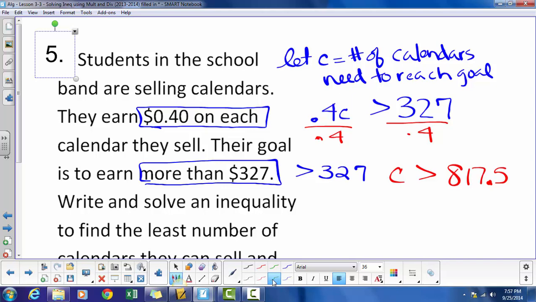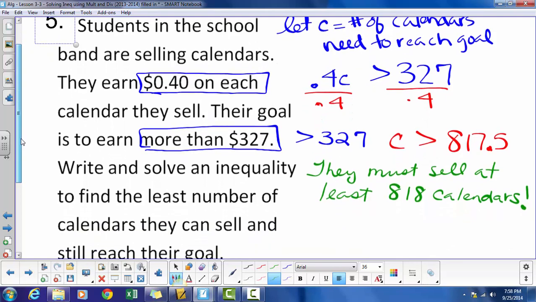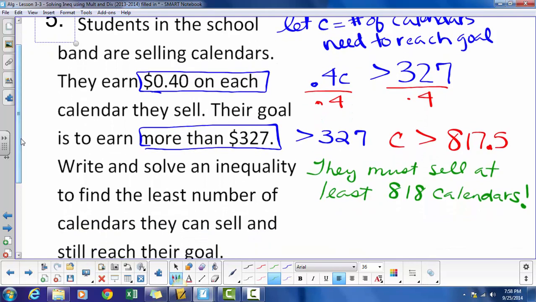No, you cannot sell half a calendar. So they must sell at least 818 calendars. Okay? And that's it. That's how you do it, okay?